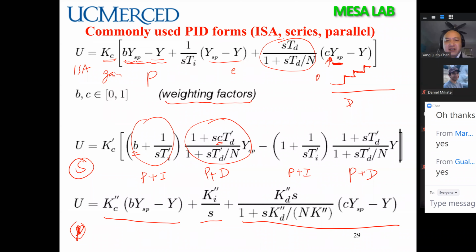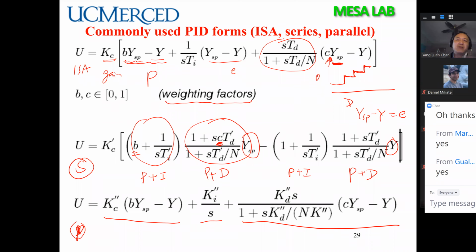The C is the set point weighting issue. And remember, if S is 1, C is 1, B is 1, then you can merge. Then you have SP and Y, SP minus Y is my E. But now they split this one, so this serial form is a little bit special.